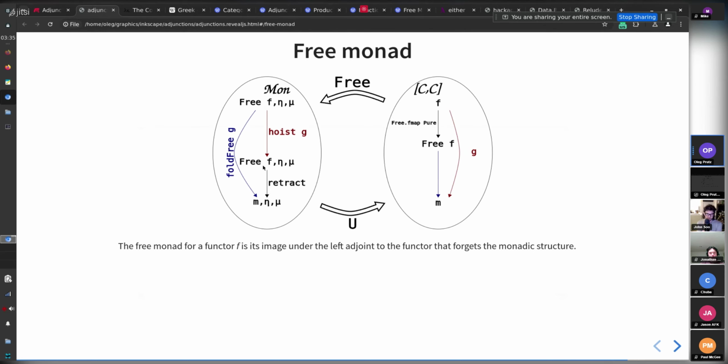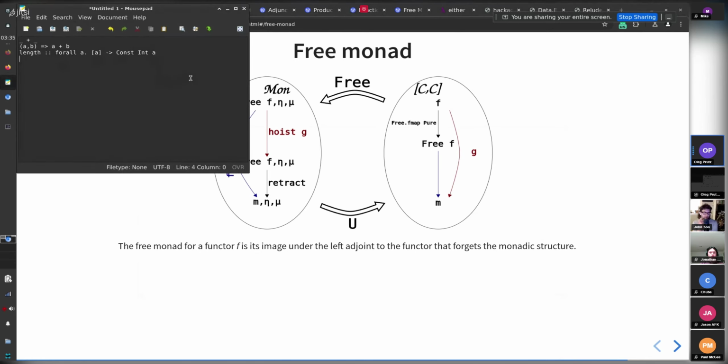Yeah, this should be M. So a free monad over something that is already a monad. Yeah, and retract just collapses all of the free layers. And this is the expression for the counit.